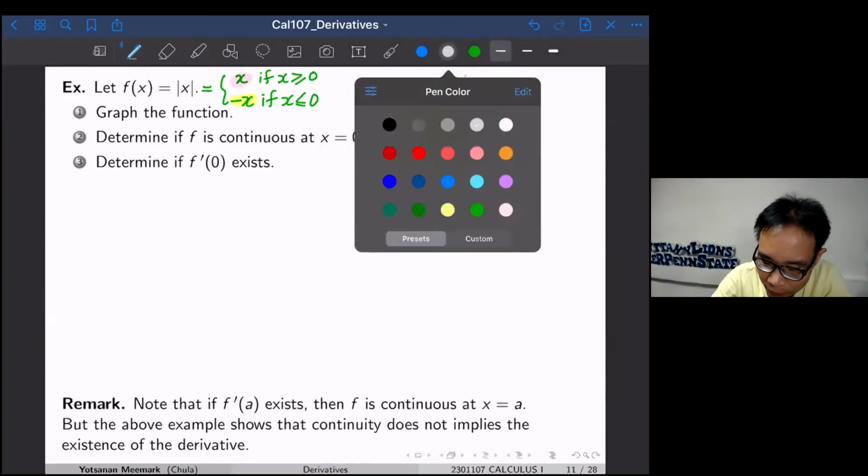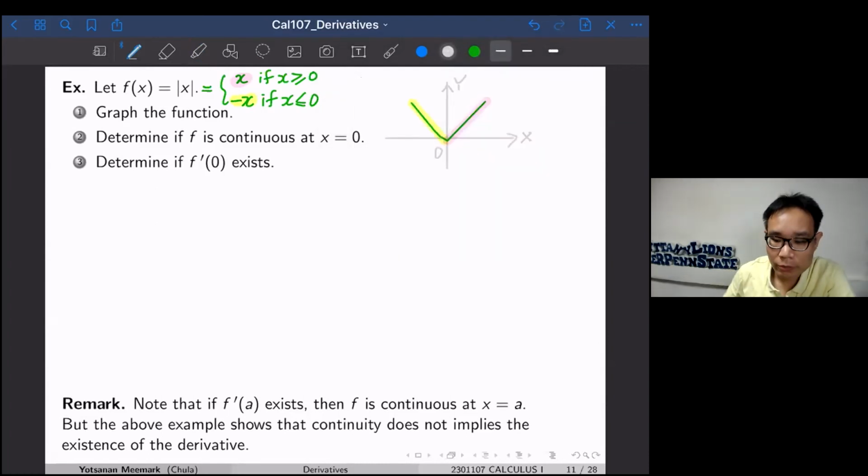So what we can see from the graph is that from the left side, the limit turned out to be 0. From the right side, the limit also turned out to be 0. And you have f(0) equal to 0 also. Okay, so in this case, f is continuous at 0.